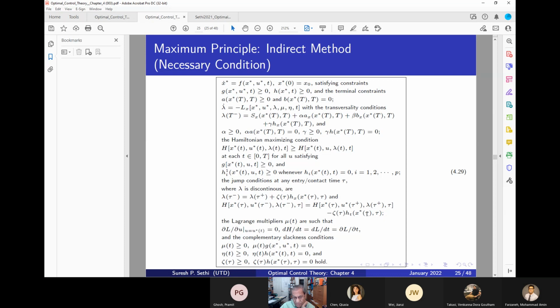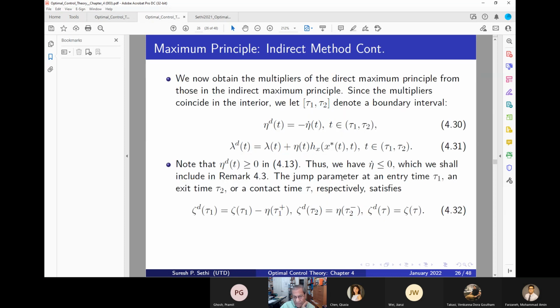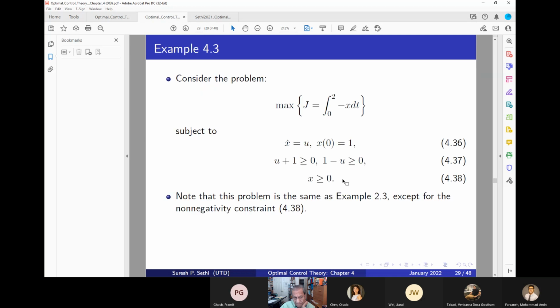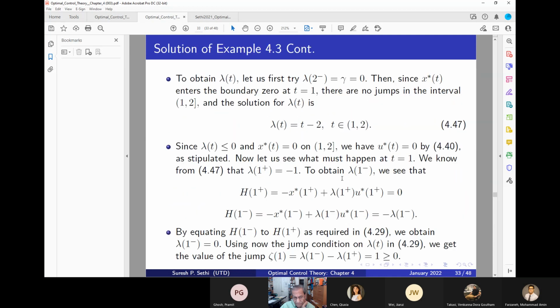So let's use that condition here. H1 plus: the definition of the Hamiltonian is x star 1 plus lambda 1 plus u star 1 plus. All of them are 0. This one is 0, this one is minus 1, and this one is 0. So this whole thing is 0.